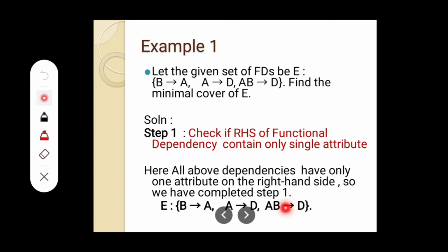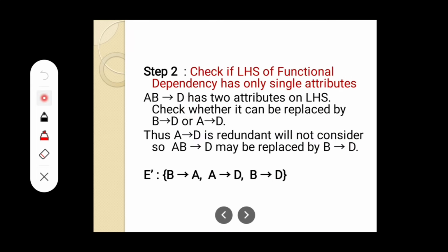So here AB determines D has two attributes on the LHS. Clear? So how can we replace it? AB determines D means that AB together is determining D. That means you check whether B determines D and also A determines D are available in the functional dependency set.